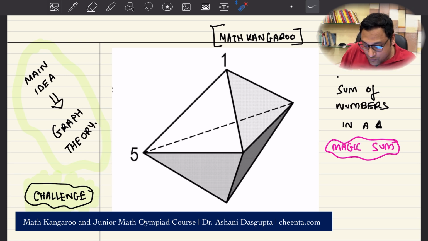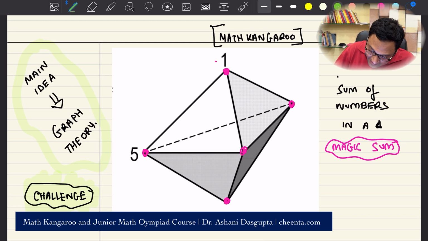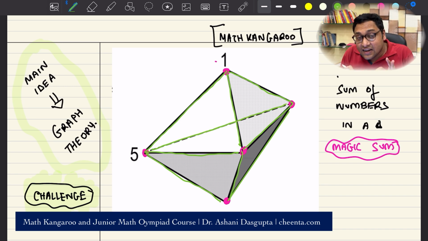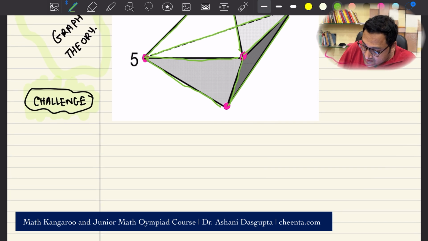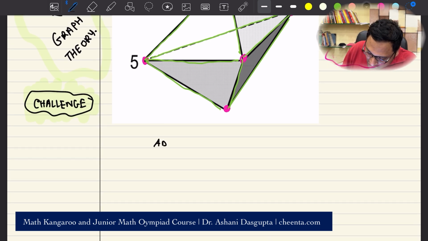So what is a graph? A graph has a bunch of vertices, like corners, and there are a bunch of edges. Edges are like straight line segments connecting vertices. Okay, so a graph has vertices and edges, and the main idea of a graph is that the key information is adjacency.